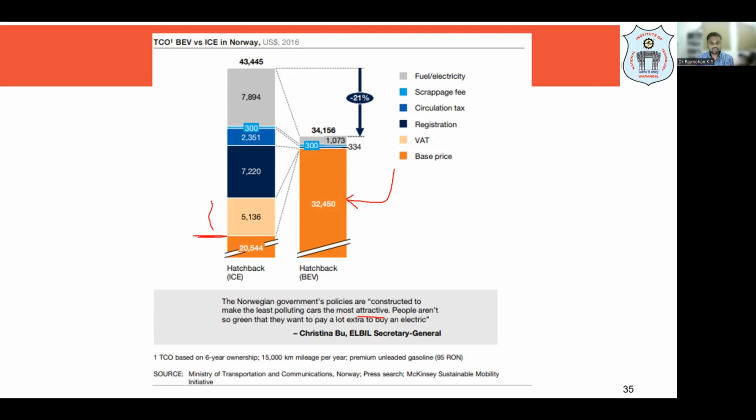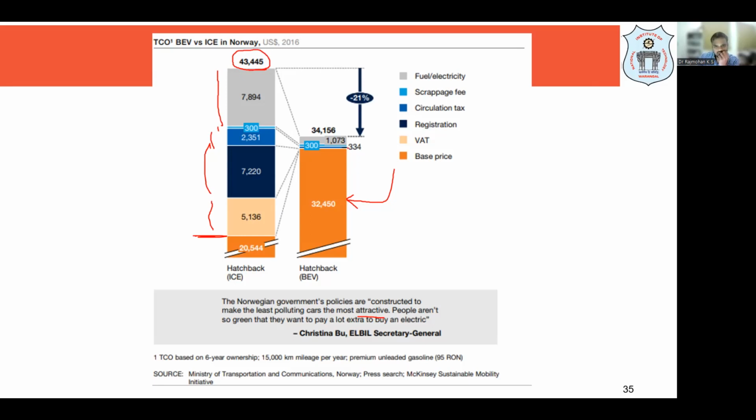But then they put a VAT tax, a registration tax, a circulation tax, a scrappage tax, and then you have fuel and electricity cost. That makes the effective cost of an IC engine vehicle 43,445 US dollars.